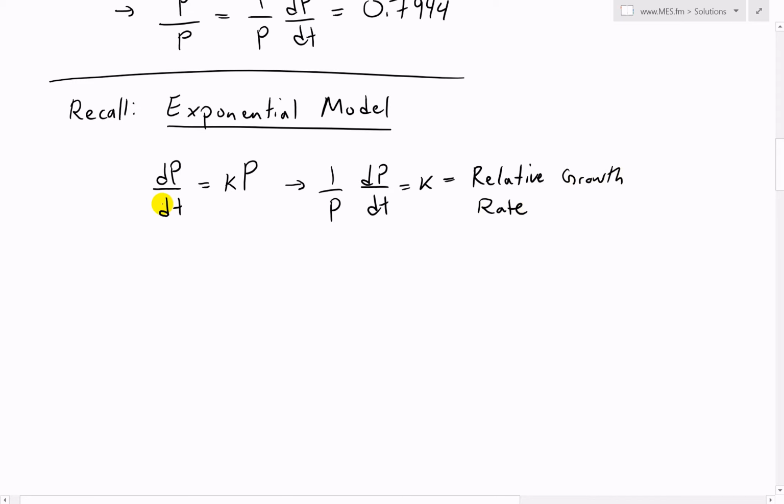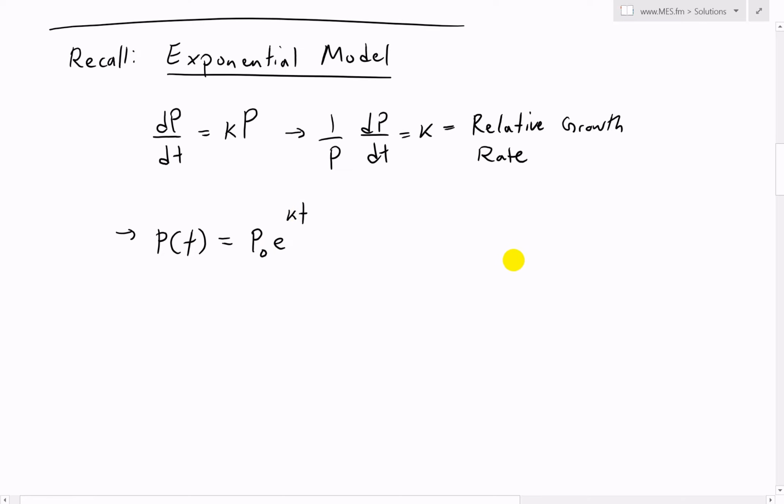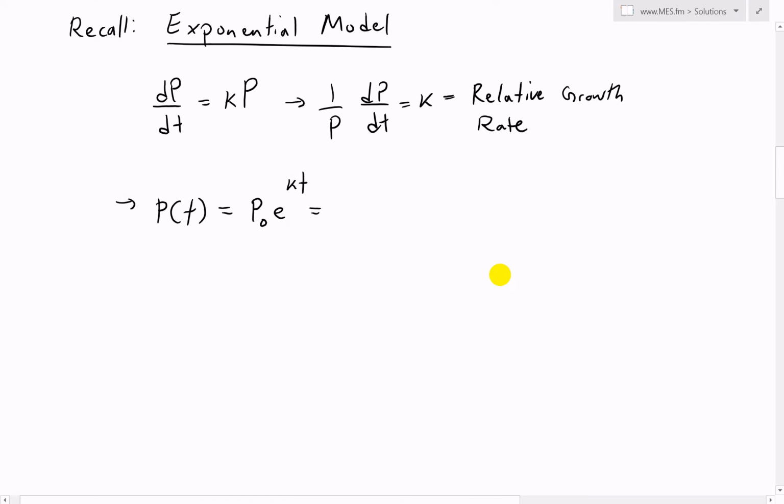Also recall that the solution to this differential equation was found to be P of t equals P0, the initial population, times e to the kt, where k is that proportionality constant. In the exponential model, that is the relative growth rate.